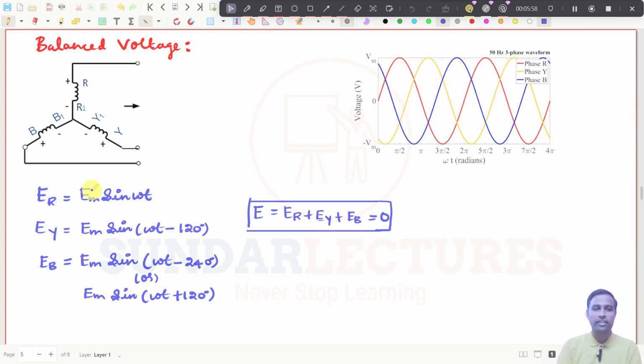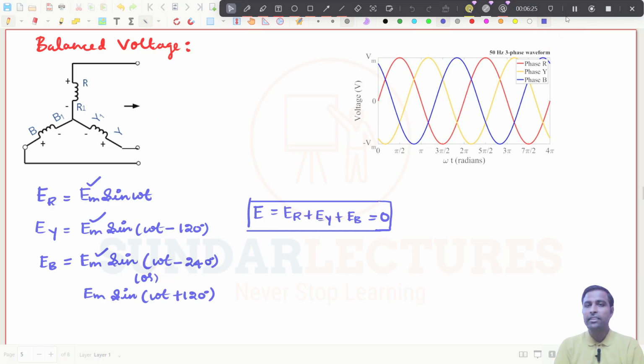If the magnitudes of voltage of R phase, Y phase and B phase are same, and every phase is placed 120 degree apart in phasor angles, then we will call this the balanced voltage system, right?